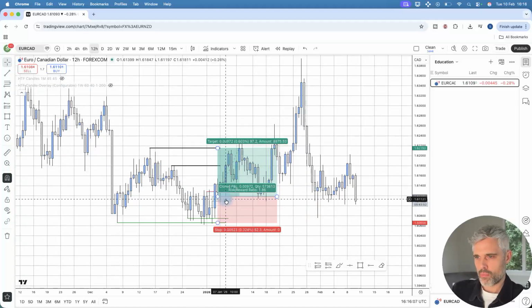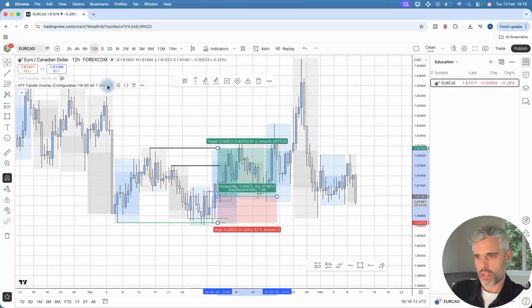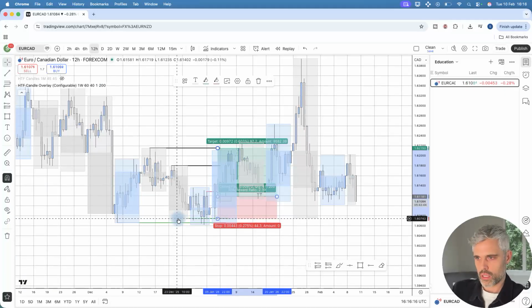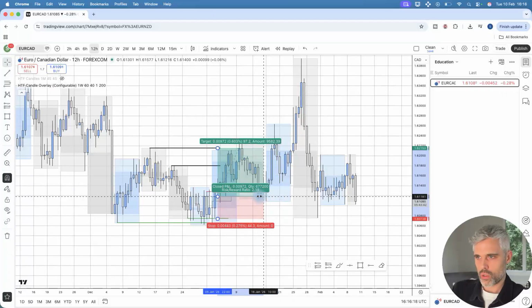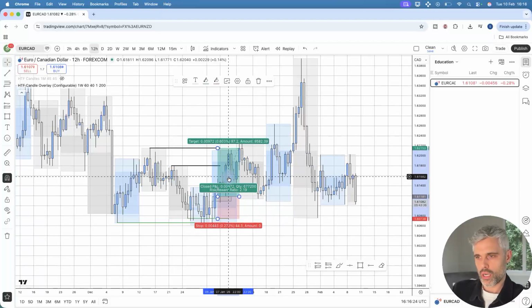So now we have everything, but to the target 1.86. It might be worth actually bringing this up to cover this manipulation, because now we have a 2R trade. So now we have everything to take a high probability 2R trade in the market. What happens?